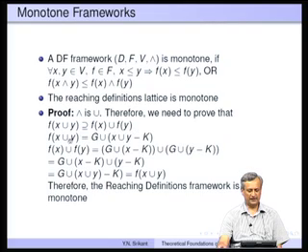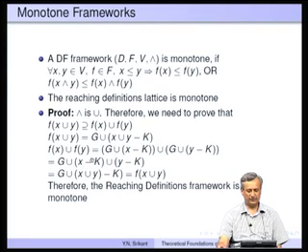Now let us expand the f of x union y part by substituting the transfer function. It is G union x minus k in the original form, so instead of x you have x union y: G union (x union y) minus k.